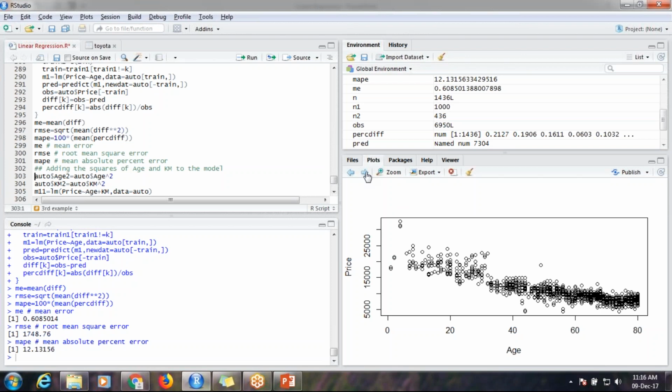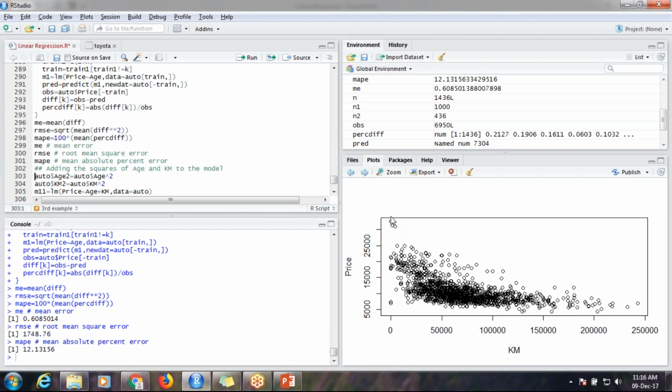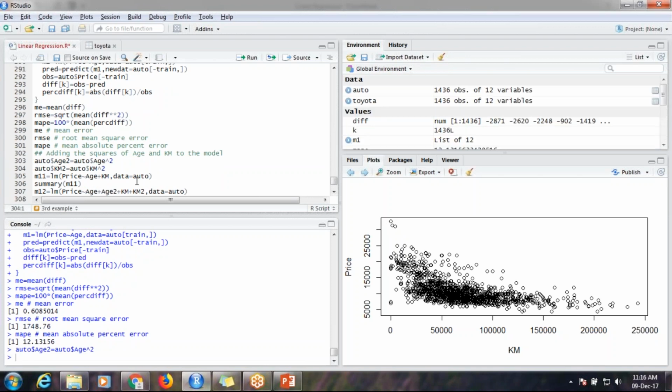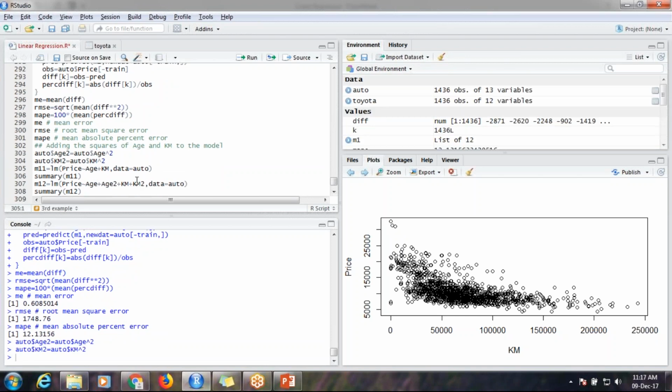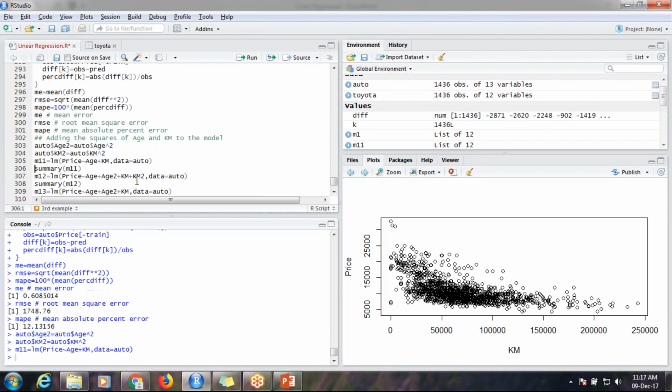And now if you look at the kilometers, also the same trend, something like this. A square variance is quite likely here. So let me take the square of it and let me try to predict on the basis of it how good my model is. So first I'm making it only on the basis of age and kilometer.